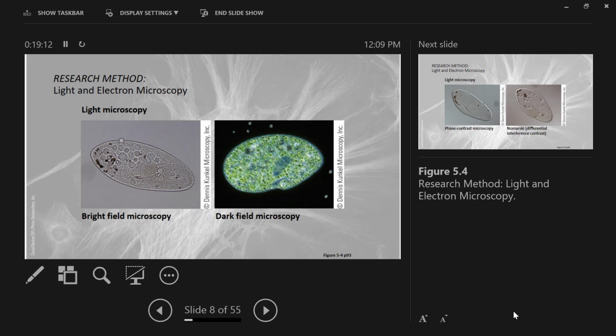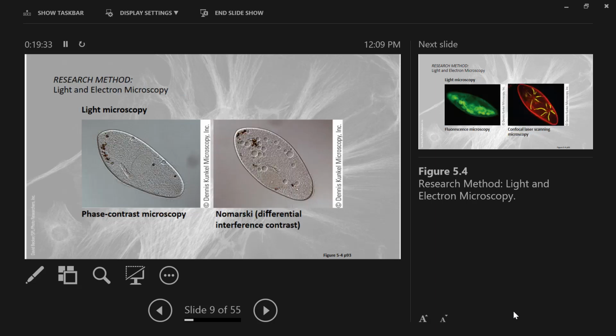And then here's dark field microscopy, which is similar to bright field microscopy, but rather than looking at the places where light gets absorbed, you're looking at the places where light is able to penetrate and move through it. It's a little bit different style of microscopy.